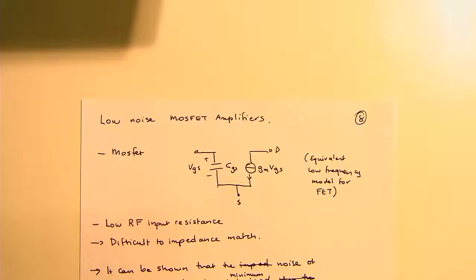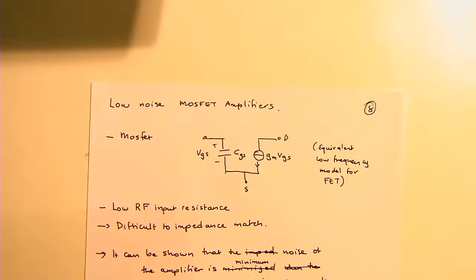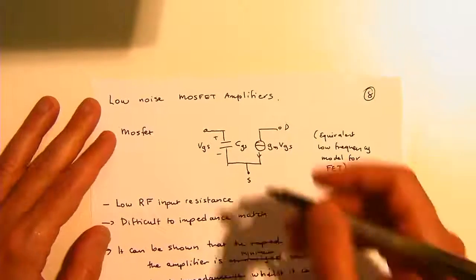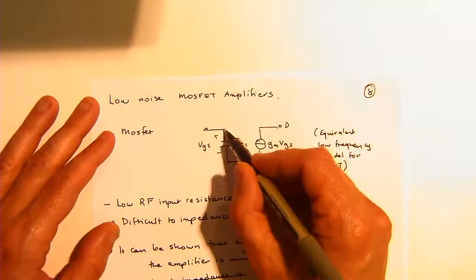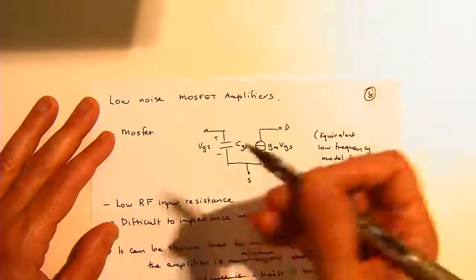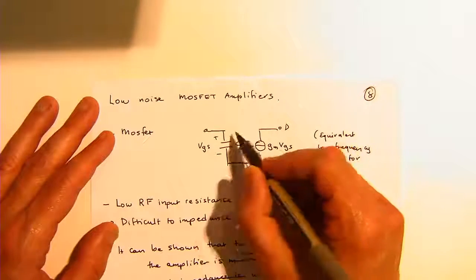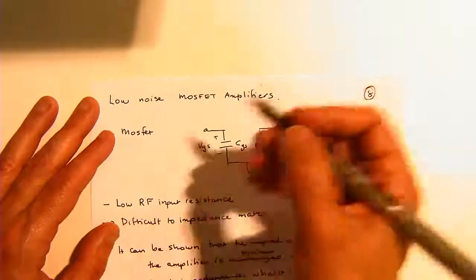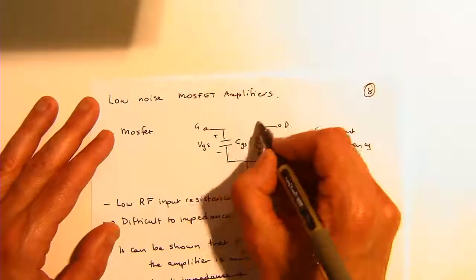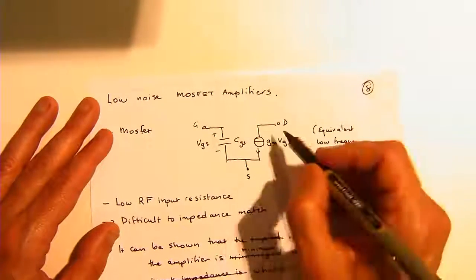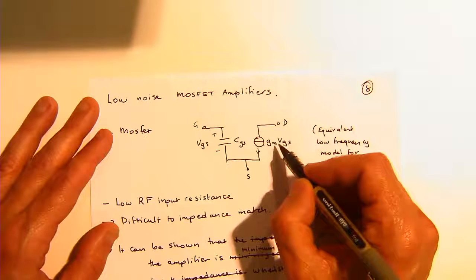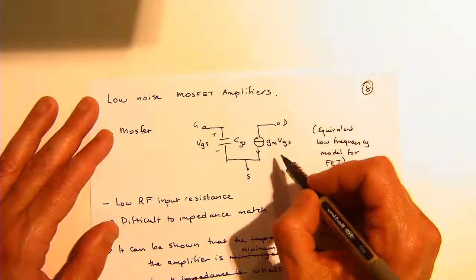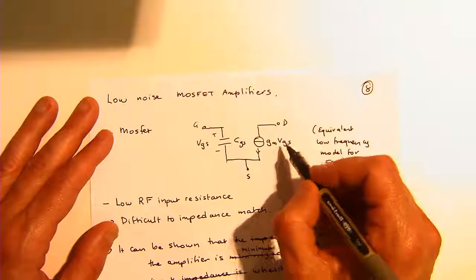Okay, good. Now, you've probably also seen that as you go up in frequency, usually you've got a whole bunch of other capacitances there. Usually you've got your gate to drain capacitance, your drain to source capacitance, and usually you've got an output resistance.